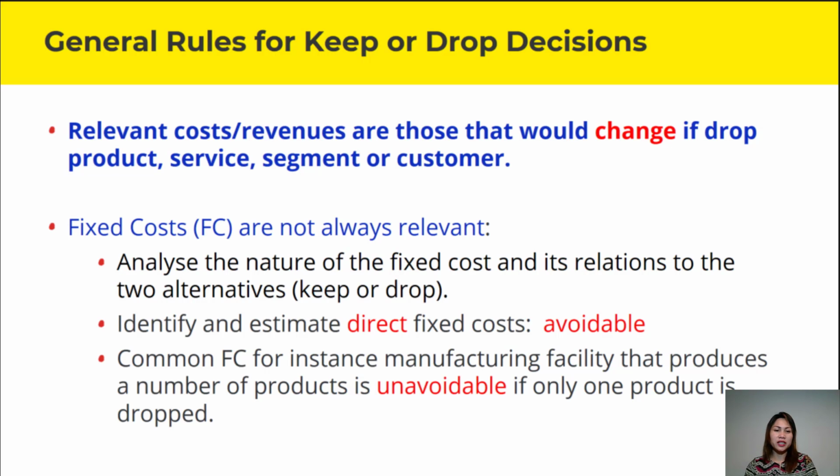You need to consider the nature of the fixed cost itself and their relation to the two alternatives, either you want to keep or drop this segment or product. Then think about whether you have direct fixed costs. Can they be avoidable? And common fixed costs, for instance, a manufacturing facility that produces a number of products, is unavoidable if only one product is dropped. So if it is unavoidable, then it is irrelevant to your decision.